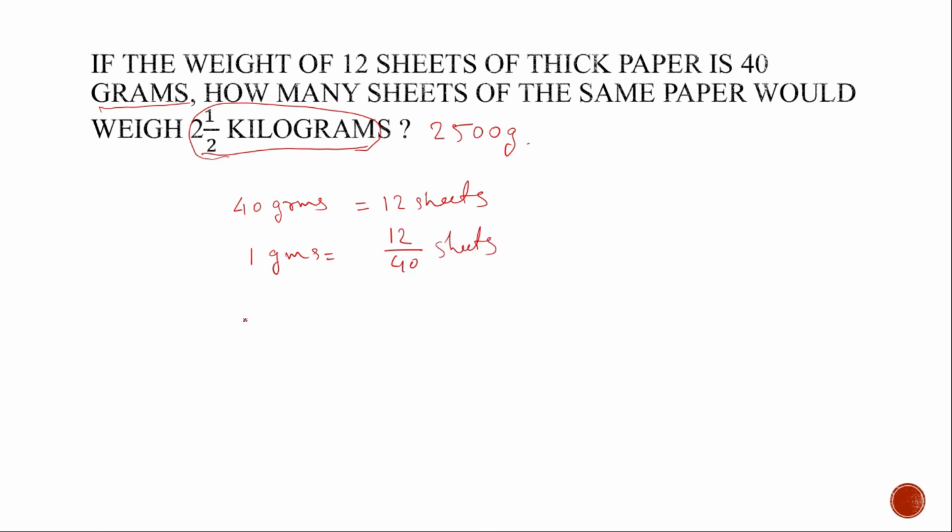In 2500 grams we can make 12 by 40 into 2500 sheets. That means it will be 750 sheets.